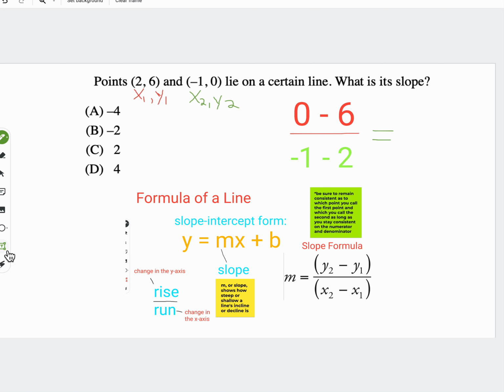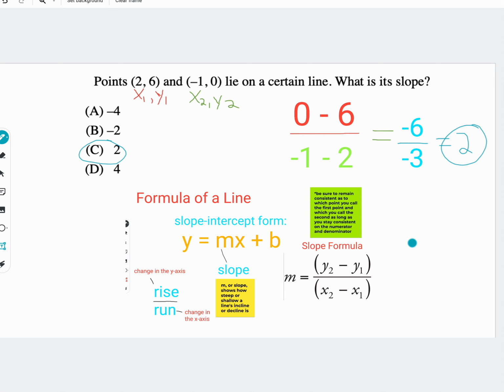This will give us negative 6 divided by negative 3, or 2. Our answer is C, 2.